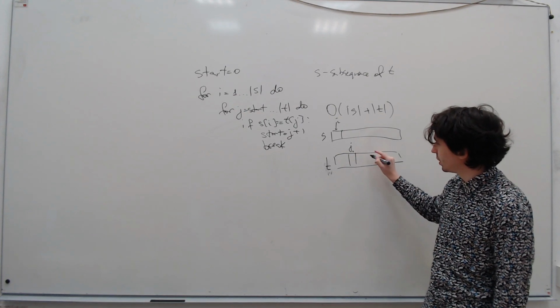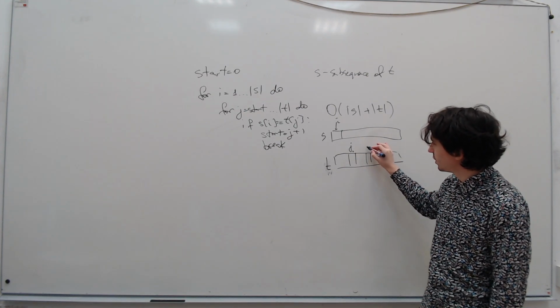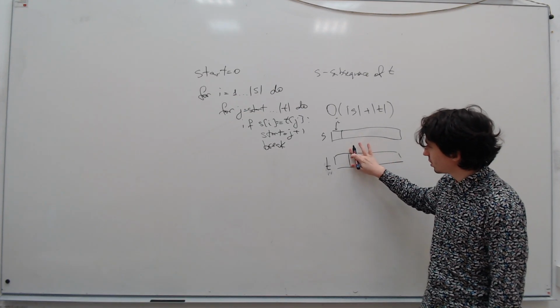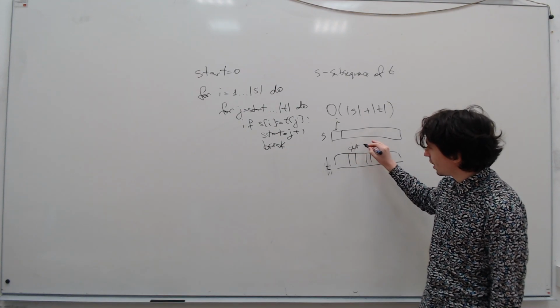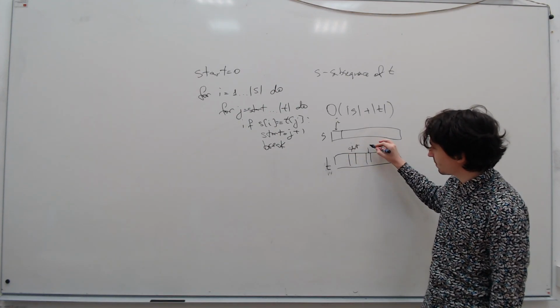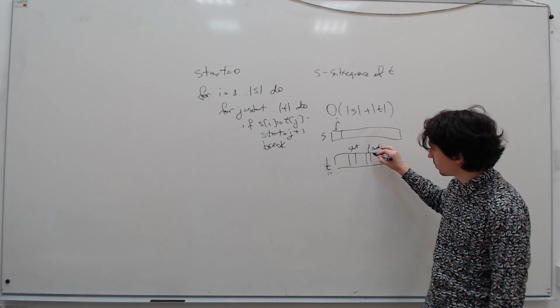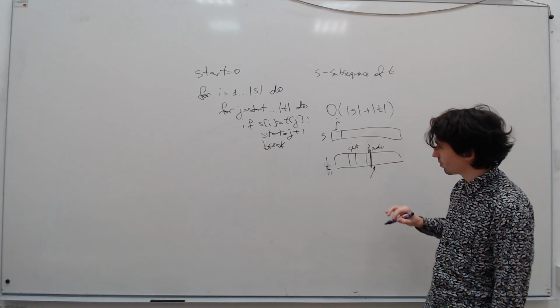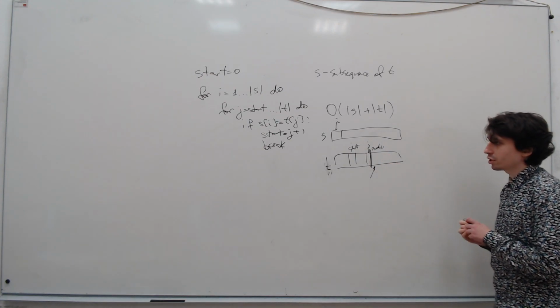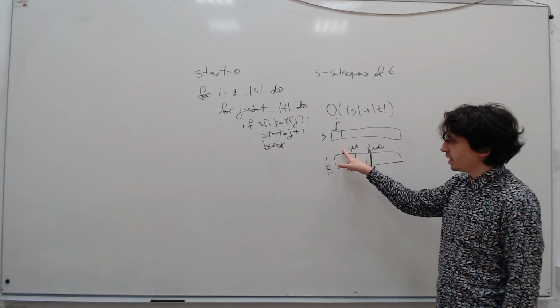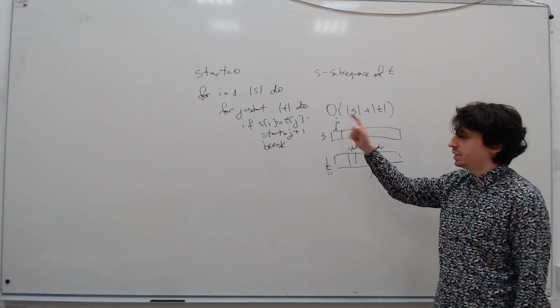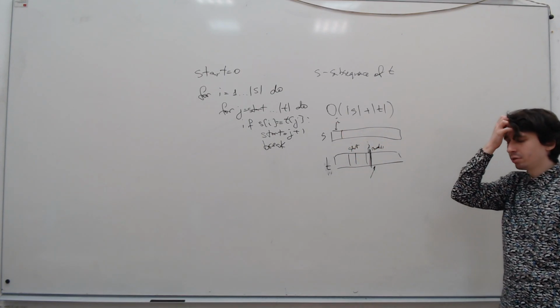So if we state here this is start, then the next start will be the next position where we stopped previously. So it will be start plus 1. So we start from here. In total, the counter j will be going T positions to the right only.